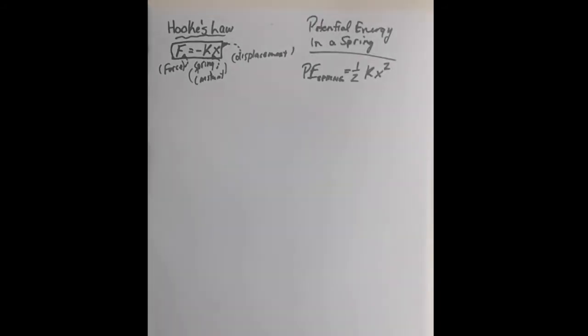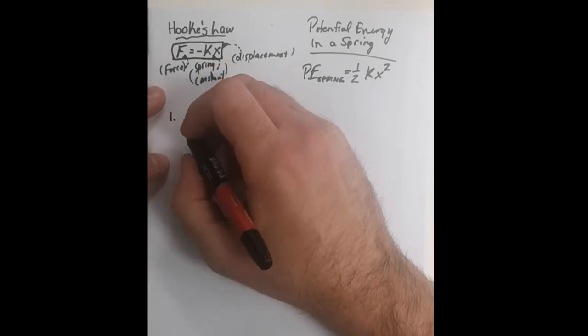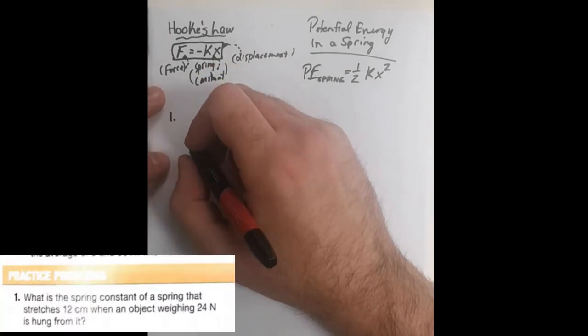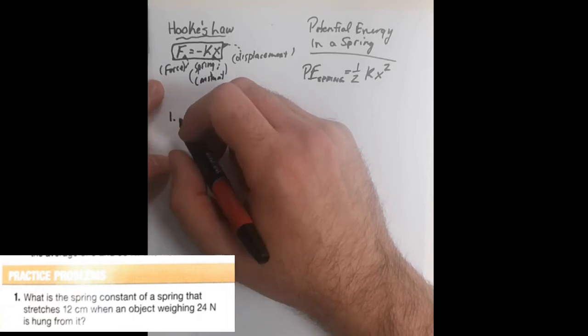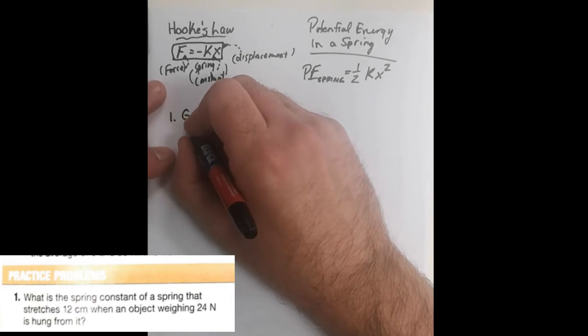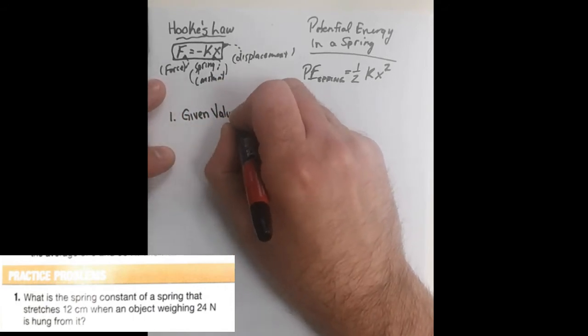Let's take a look at practice problem number 1. In this practice problem, it says, what is the spring constant of a spring that stretches 12 centimeters when an object weighing 24 newtons is hung from it? So let's summarize our given values.